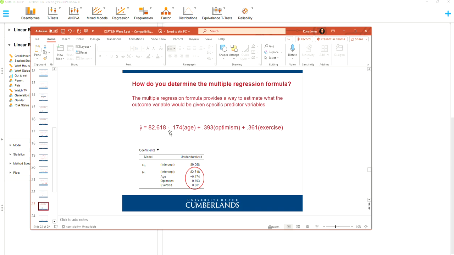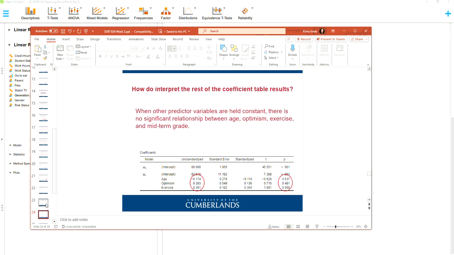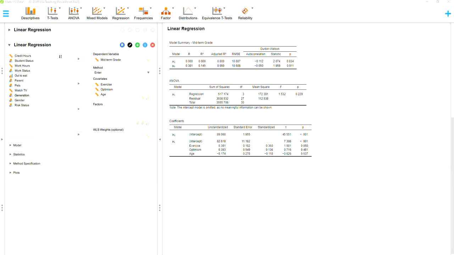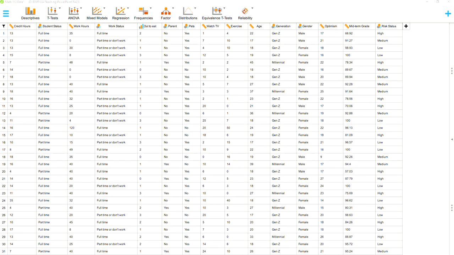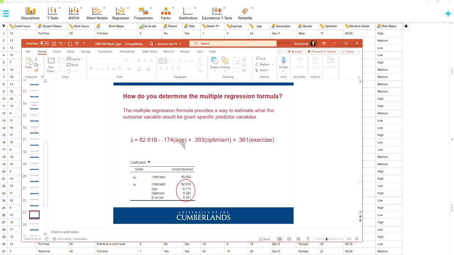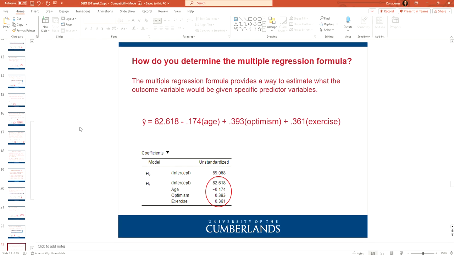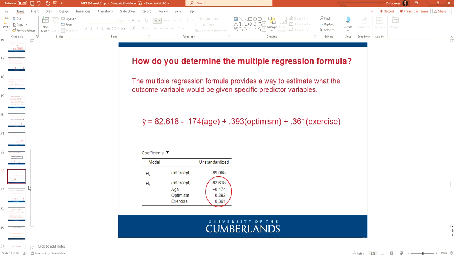If you really wanted to test this out, you could come back and look at, say, age 22, optimism score 17, and exercise 4, and compare their midterm grade. But that doesn't really make sense because the model's not significant, so I'm not even going to bother, since there's really nothing to see here.